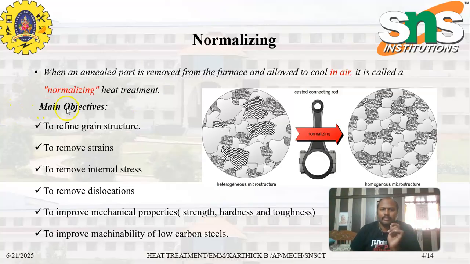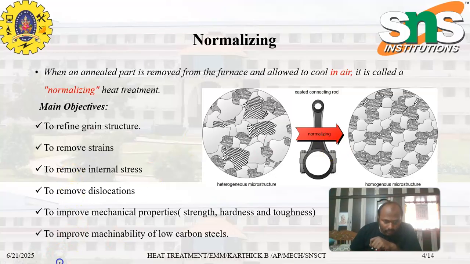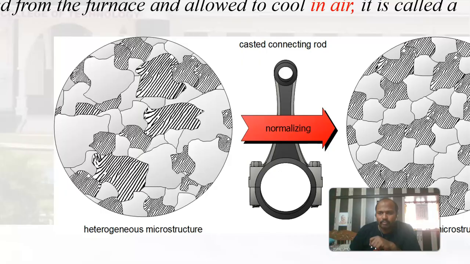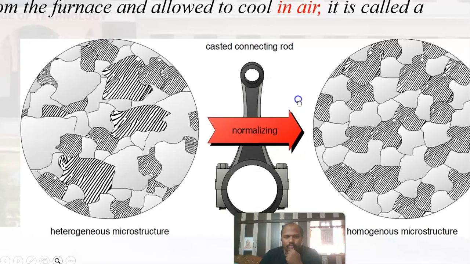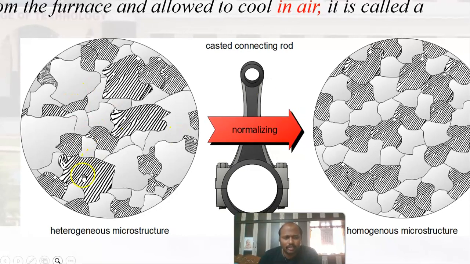The main objective is more or less similar to annealing: to remove the strains, the internal stress, and the dislocations, and to improve mechanical properties like strength, hardness, toughness, and machinability. Before normalizing, the microstructure is not properly arranged; it is heterogeneous.